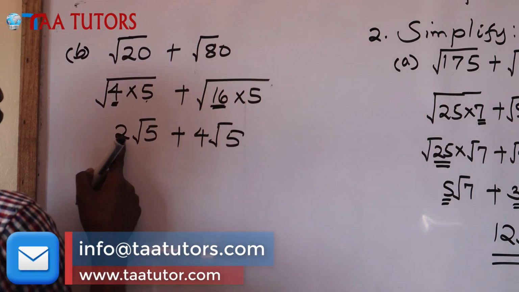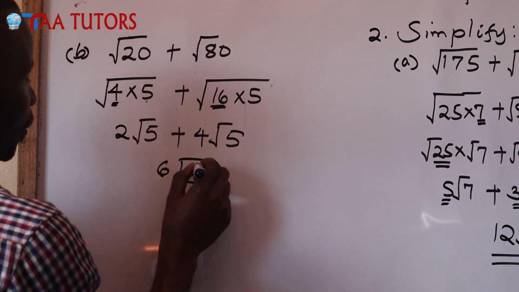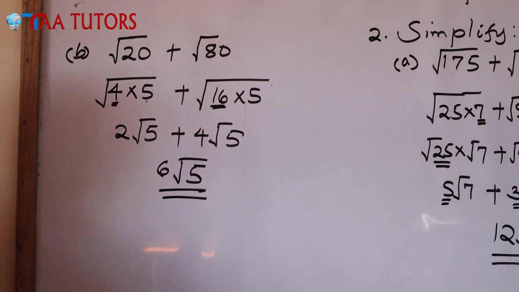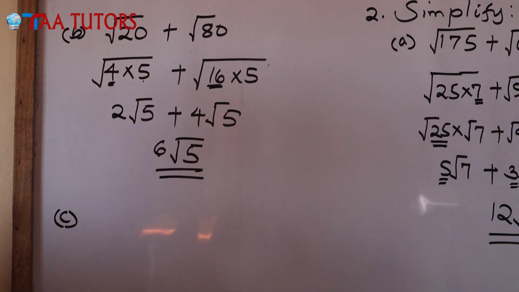If I add 2 surd 5 plus 4 surd 5, that will give me 6 surd 5 as my final answer.